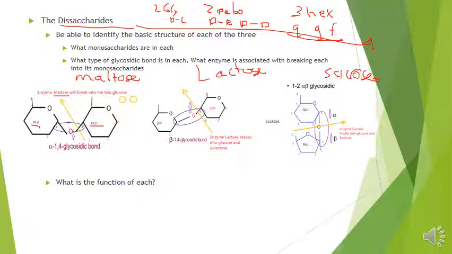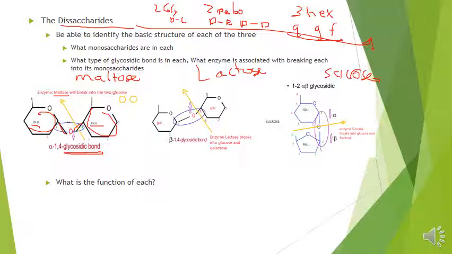The bond that holds all these together is called a glycosidic bond. Now, all 3 of them have different types of glycosidic bonds. If you notice, you have a glucose here and a glucose here, and the bond is connected to the 4th carbon.